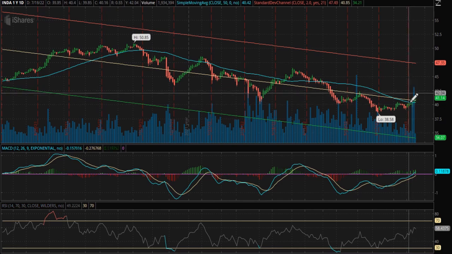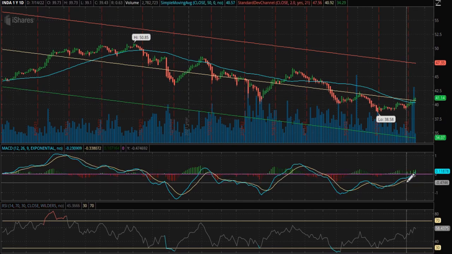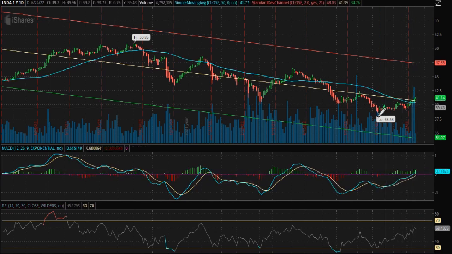A lot of volume here coming into the Indian market. Hard to say here. This MACD looks like it could be rolling over, but overall, these markets are a little bit expensive, low dividend yield here. I think there are some treasures within this market.